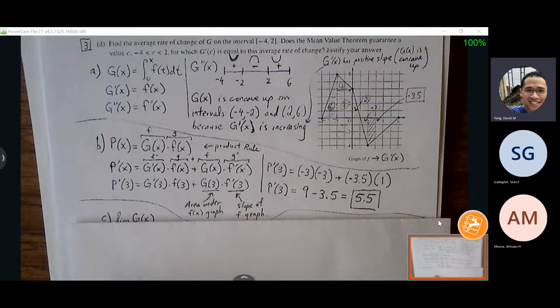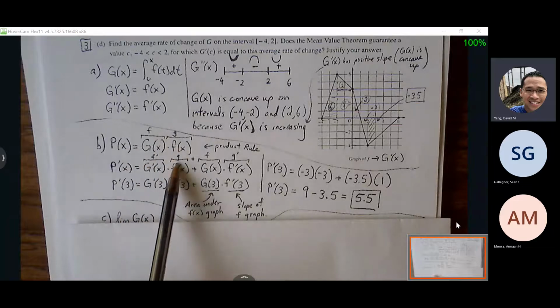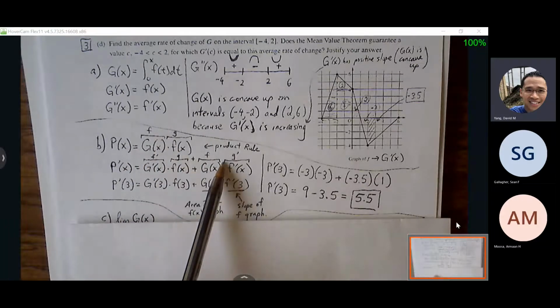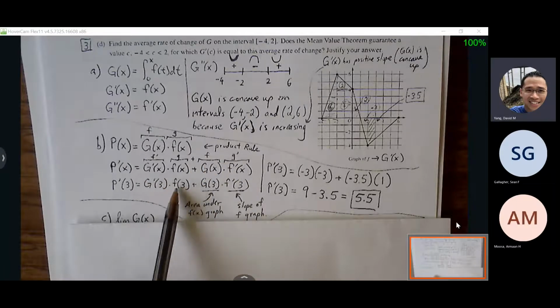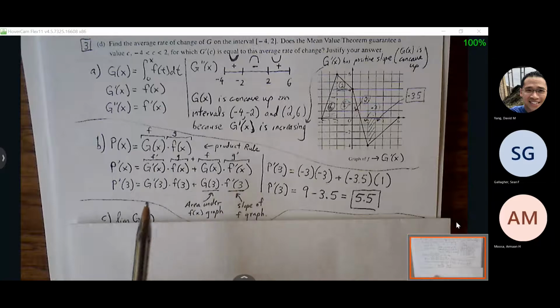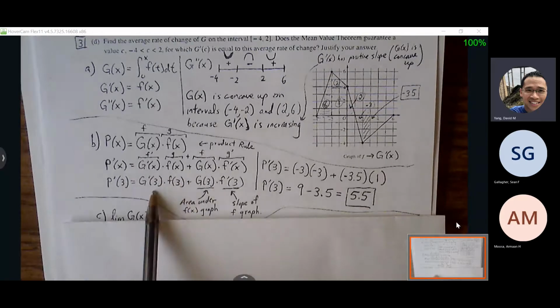Okay, so here's the work shown. I know I got to go through product rule. So f prime times g plus f times g prime. Replace every x with 3. And then we can look to see how we can replace these with numeric values. g prime of 3.